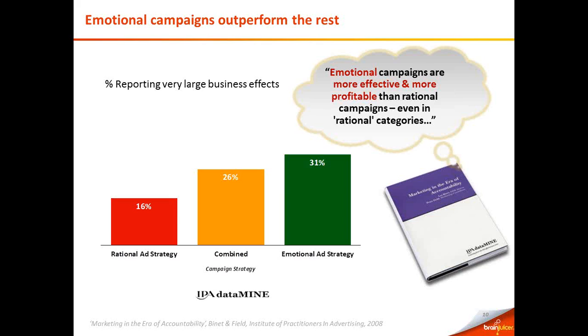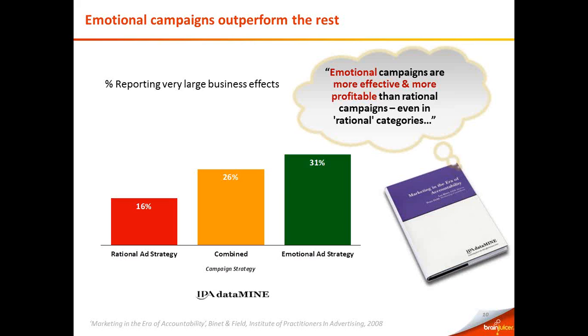The first sort of pioneers in the field were really Binet and Field, and they partnered with the IPA, the Institute of Practitioners in Advertising, who are owners of the largest advertising effectiveness database in the world, in the UK. And what they did was segment that database based on communications that had a rational, a combined rational and emotional, and an emotional strategy.